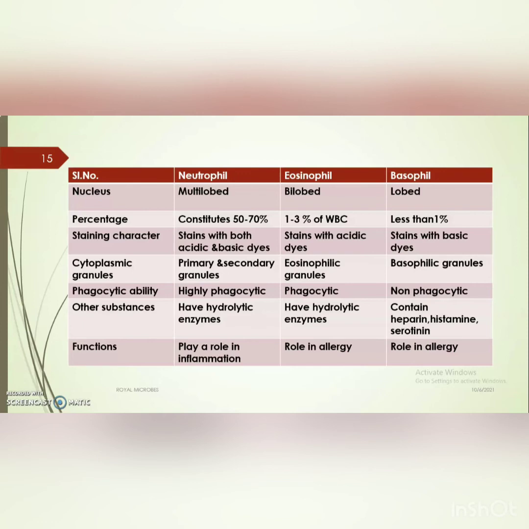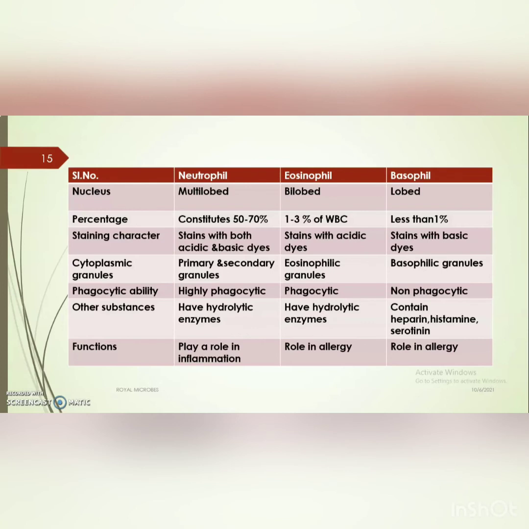Coming to the staining character, neutrophils can be stained with both acidic and basic dyes, eosinophils only with acidic dyes and basophils with basic dyes. For the cytoplasmic granules, we can see primary and secondary granules in neutrophils, eosinophilic granules in eosinophils and basophilic granules in basophils.